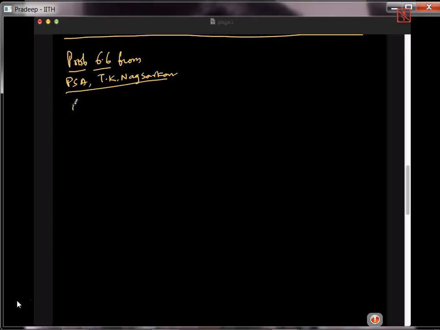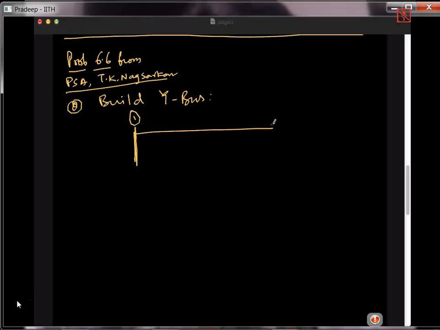So the question is: build Y bus. And the network is like this. It's a 3-bus network. So this is bus 1, this is bus 2, and this is bus 3.